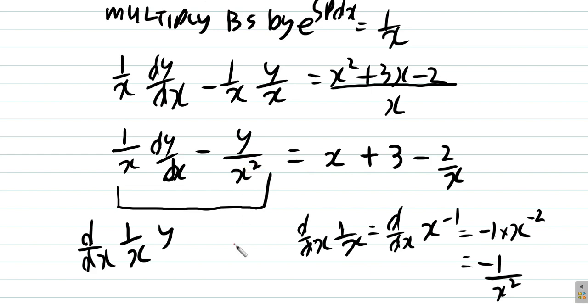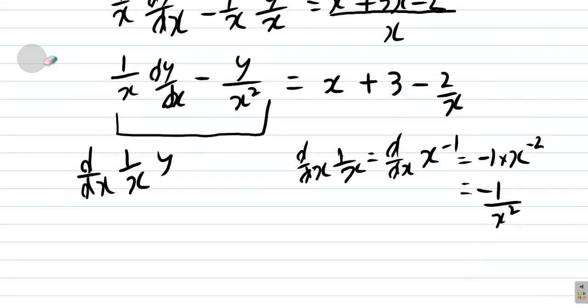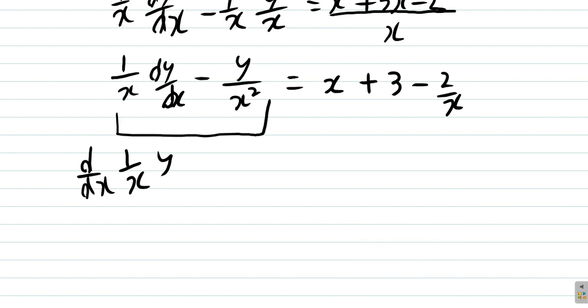So that's exactly what happens here. Alright? So now, here, let's just get rid of this to make space. This is equal to x plus 3 minus 2 over x. Alright, so here we have that.